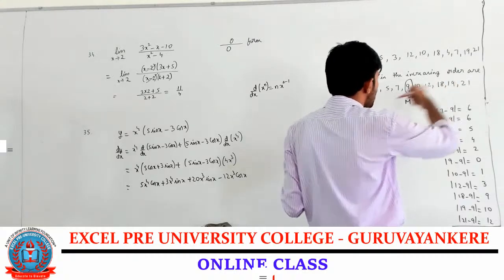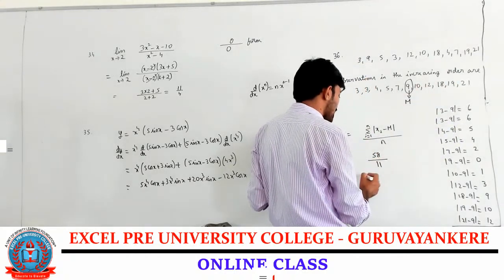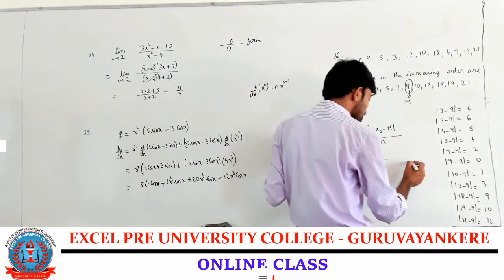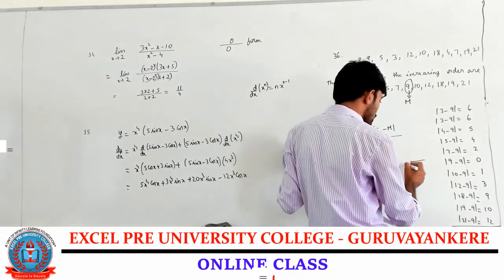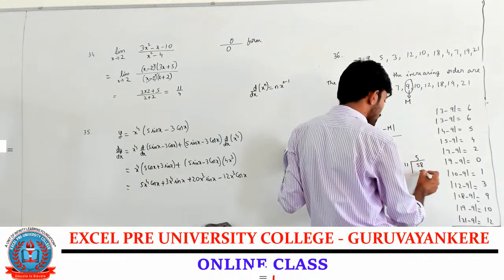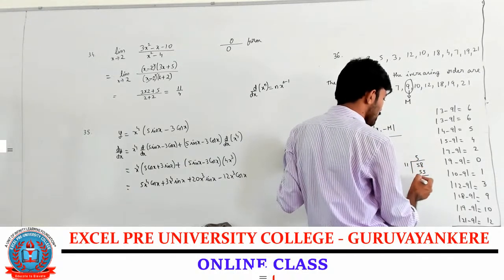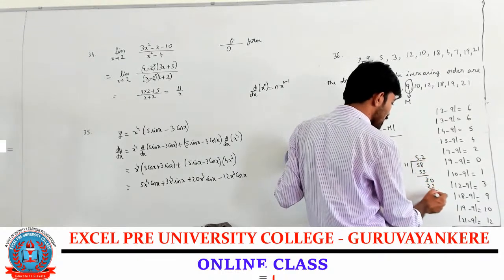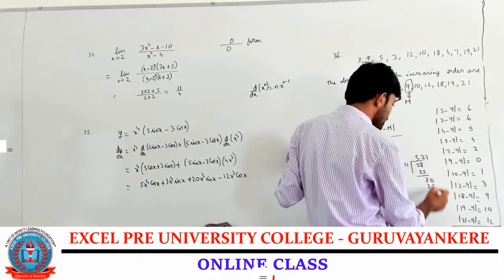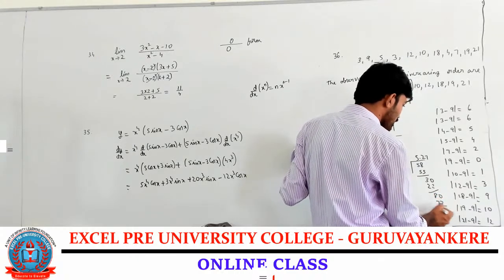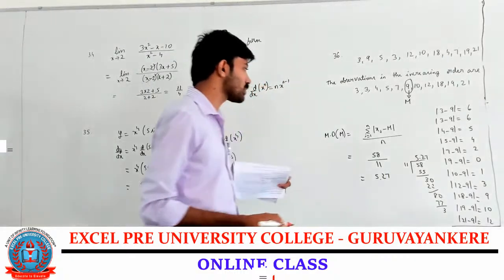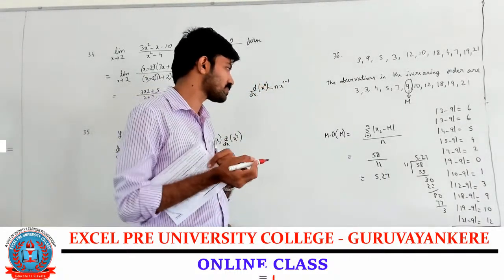The number of observations is 11. So 58 by 11: 11 fives are 55, 3 is the remainder, 5.3. 11 twos are 22, 8, 0, 11 sevens are 77, 3 goes on like this. So it is roughly equal to 5.27.